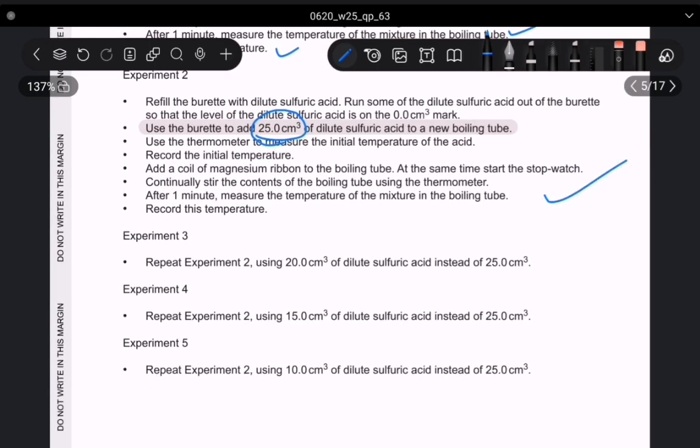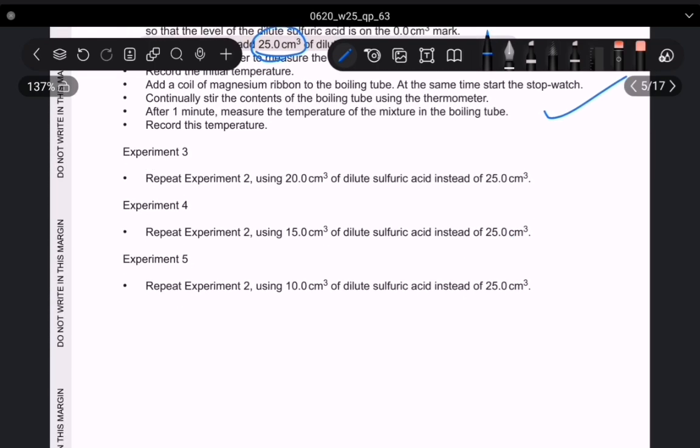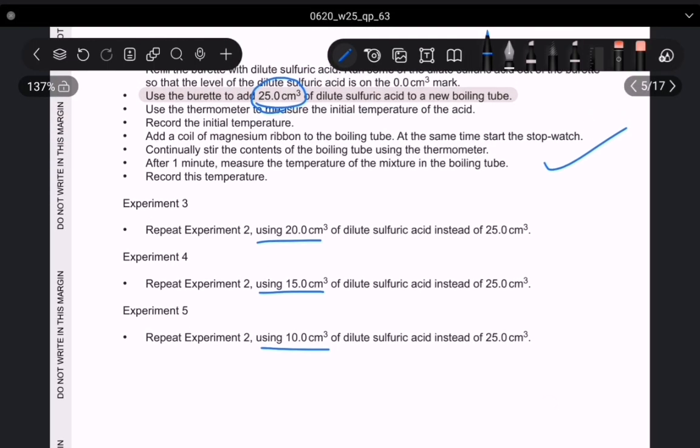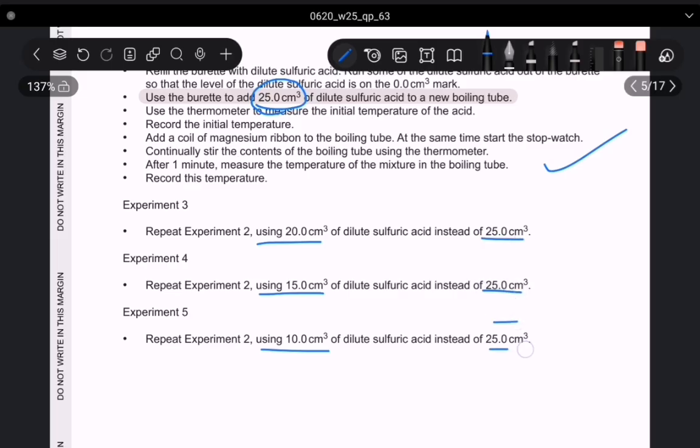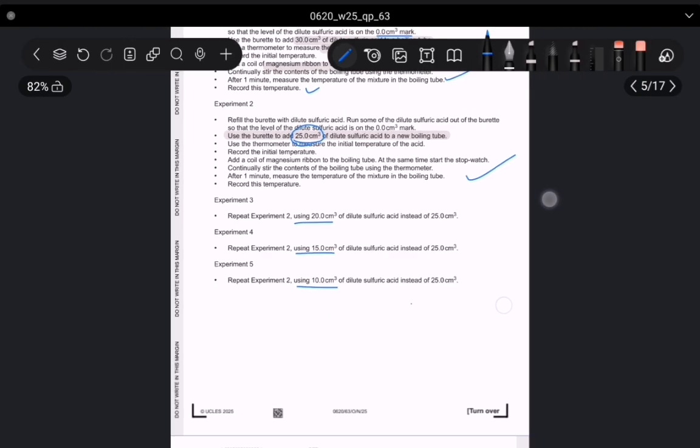Everything done. Then we're doing the same experiment, but now we're reducing the amount we're using. Now we're using 20 centimeter cube, then 15 and then 10. So we're reducing the amount of dilute sulfuric acid each single time. This is what we need to keep in mind.